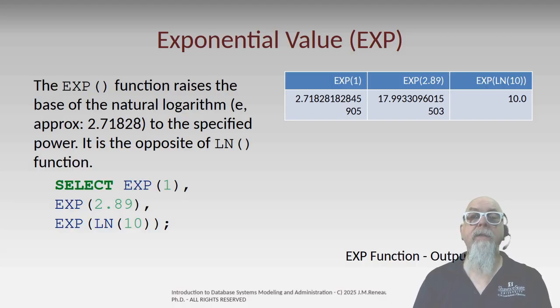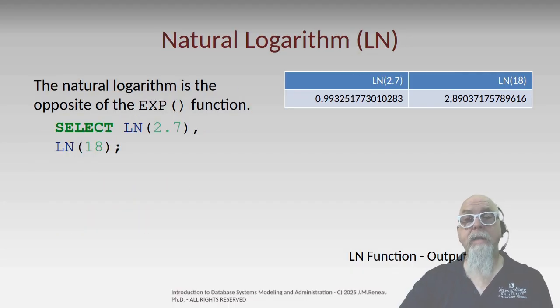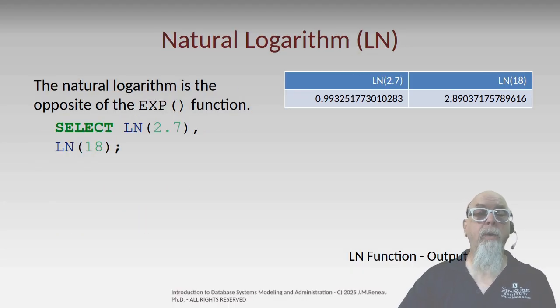So you can see that the exp of 1 would be 2.718, the base of the natural logarithm. The exp of 2.89 would be e to the 2.89 power, giving us almost 18. And the exp of the logarithm of 10 would be 10, because those are opposite functions of each other. And here is a very simple slide just showing the logarithm, the opposite of exponent.